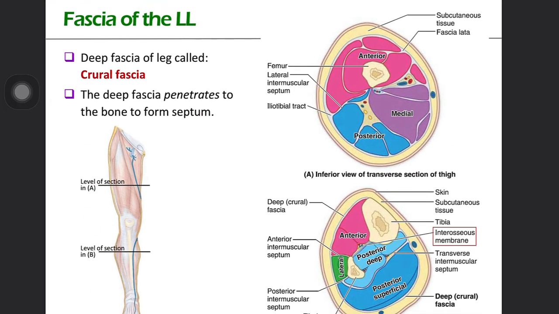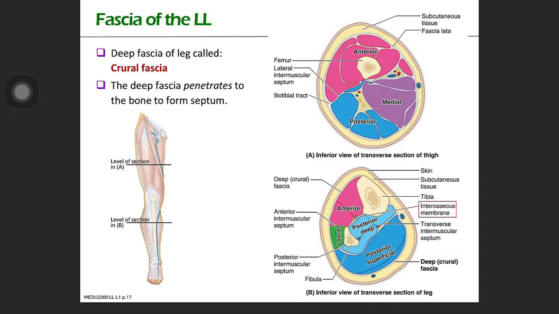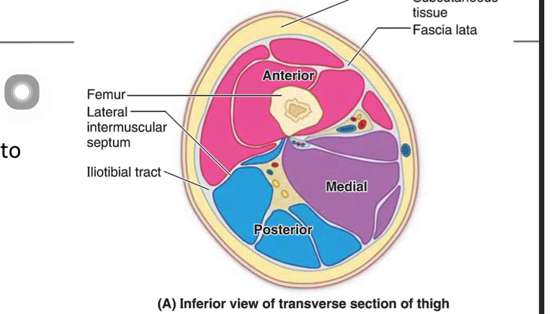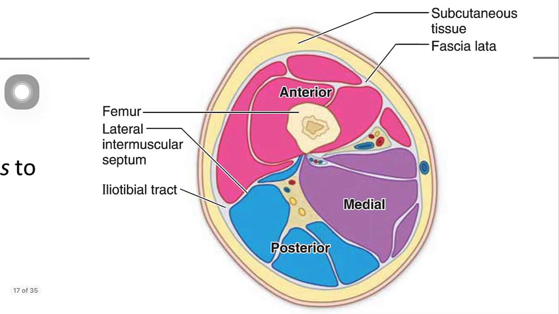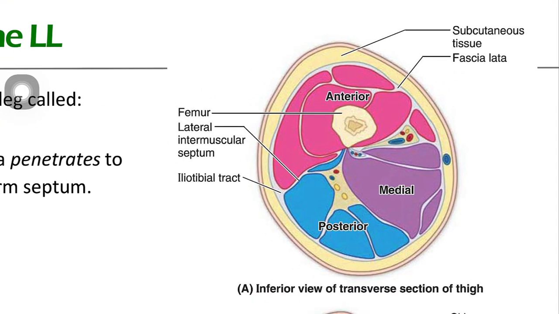The function of these is that they form the deep fascia and also penetrate to the bone to form the septum, to form the compartments of both the thigh and the leg.